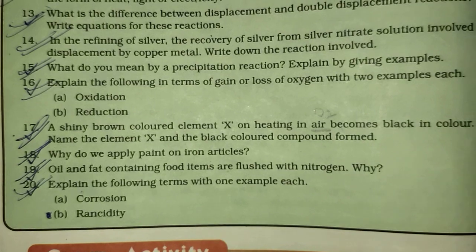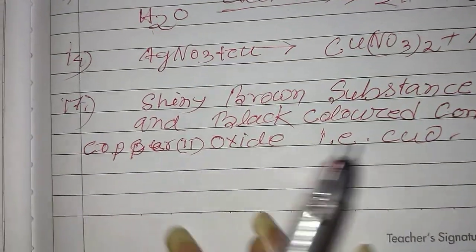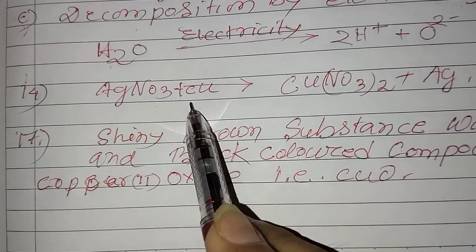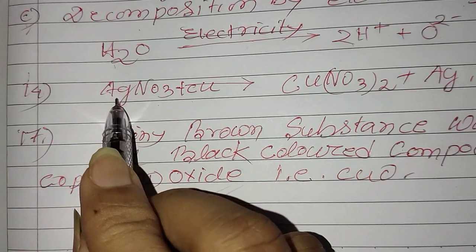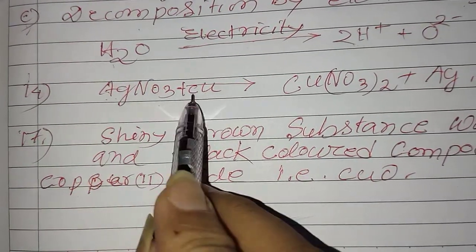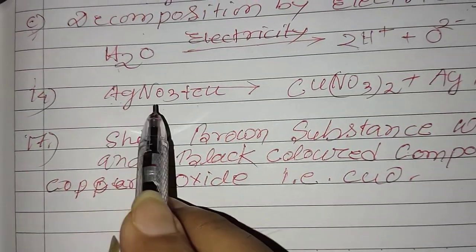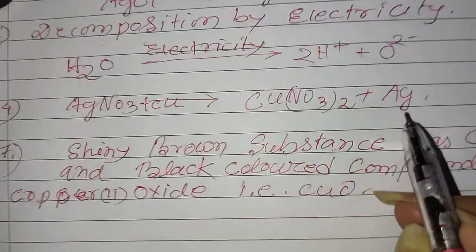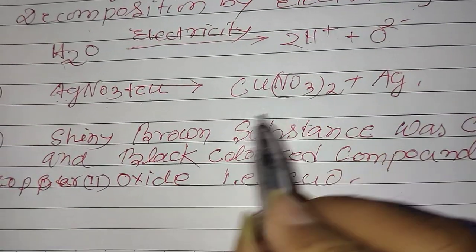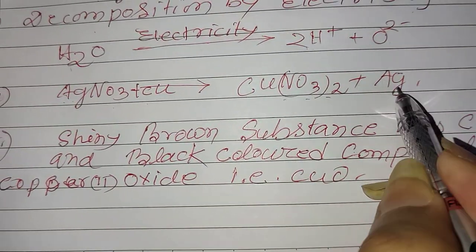So the reaction involved in this question is, you see, silver nitrate plus copper. Copper is more reactive than silver, so copper can displace silver from its compound, and thus the silver gets freed, forming copper nitrate and silver.